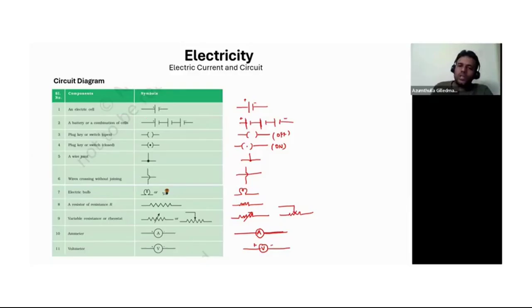Understood? So these are the various symbols that we use in electric circuits. Wherever you see this symbol, that means it is a resistance. Wherever you see this symbol, that's an ammeter to measure the amount of current flowing through the circuit. Okay. So hope you guys understood, right?